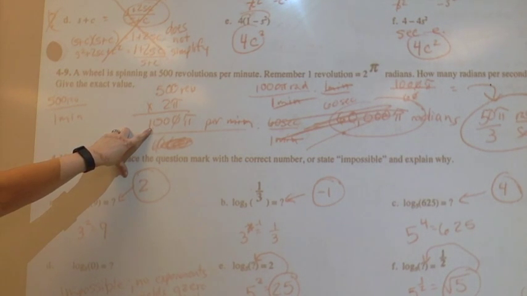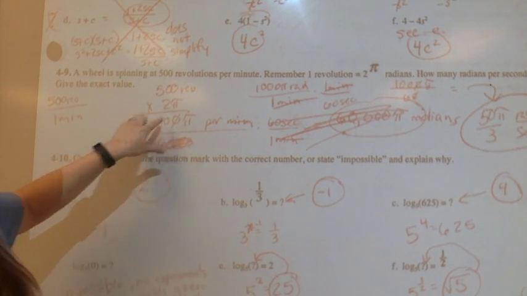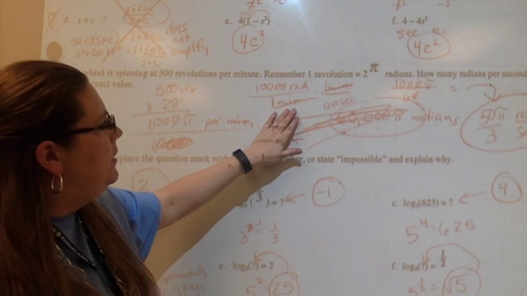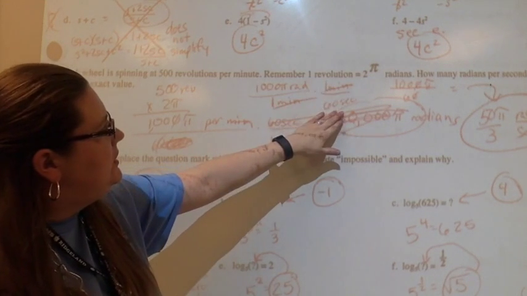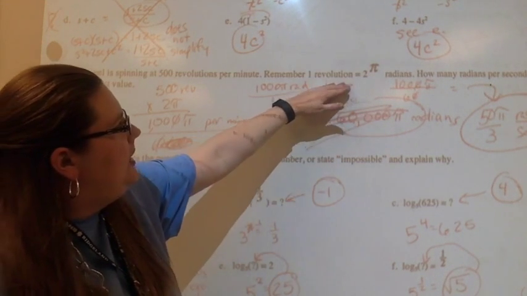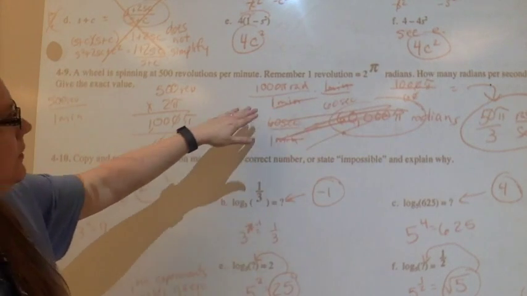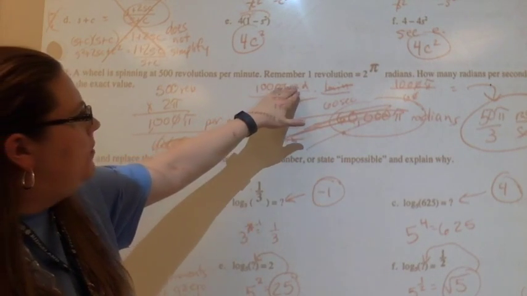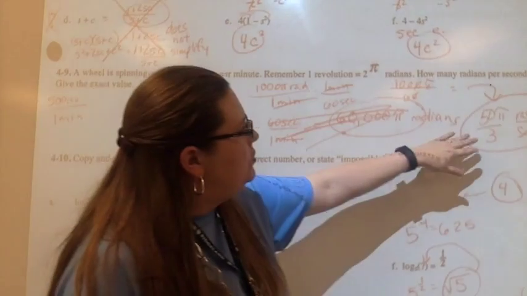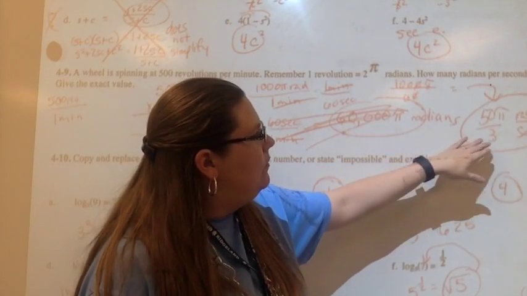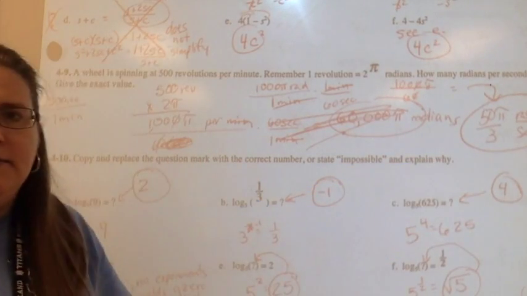This is how many radians per second, giving the exact value. So I have 1,000 pi radians per minute, and I know that 1 minute equals 60 seconds. So I can cancel out my minutes, and then I have radians per second. So that's 1,000 pi radians divided by 60 seconds, which gives me 500 pi over 3 radians per second.